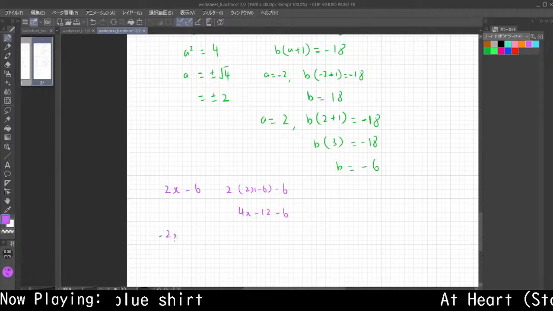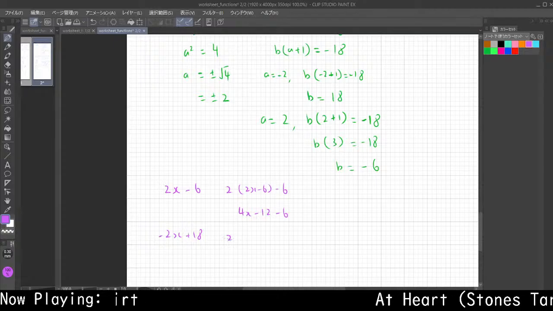If a is negative 2, b is 18, put this into itself.